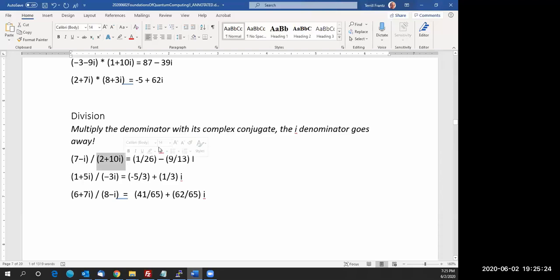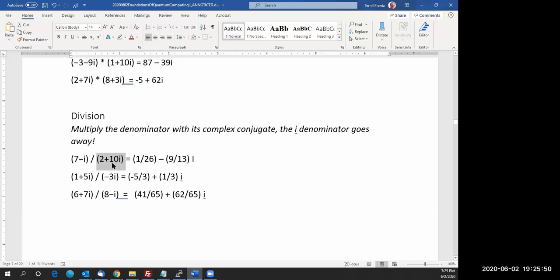And so if I had 2 plus 10i, what I'm doing is I'm taking this division right here, I'm multiplying it times 1. 1 being the conjugate of the denominator over the conjugate of the denominator, which in this case, the denominator is 2 plus 10i.